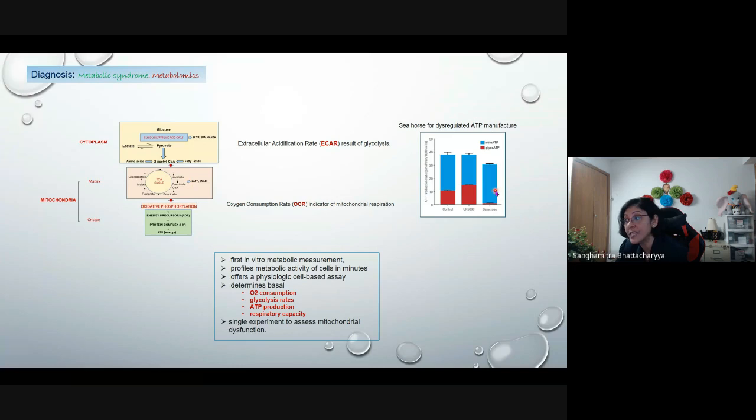Whereas if you use galactose in place of glucose, you are not getting glycolysis, you are not getting any ATP generated through glycolysis, and the major part of it is mitochondrial ATP. So this forms the basis of how the experiment is done.